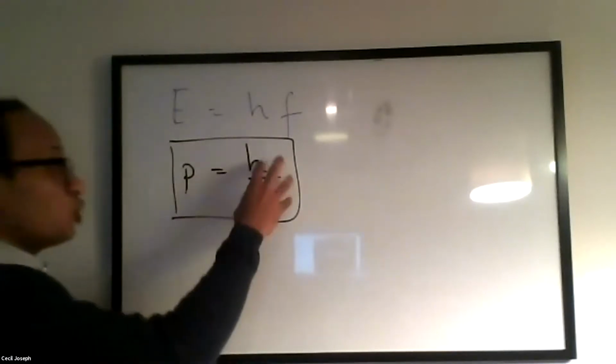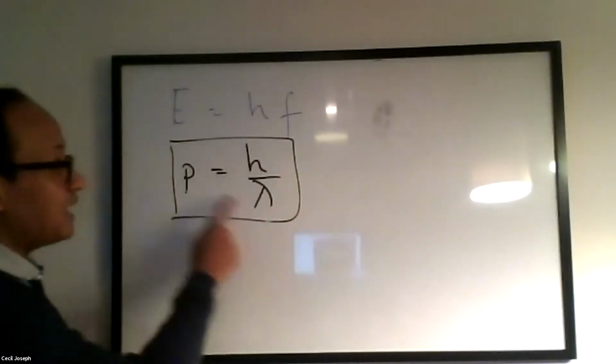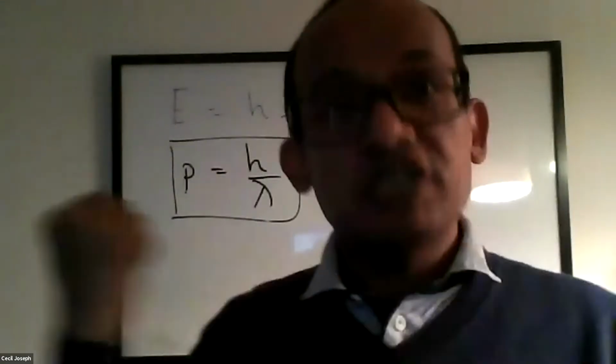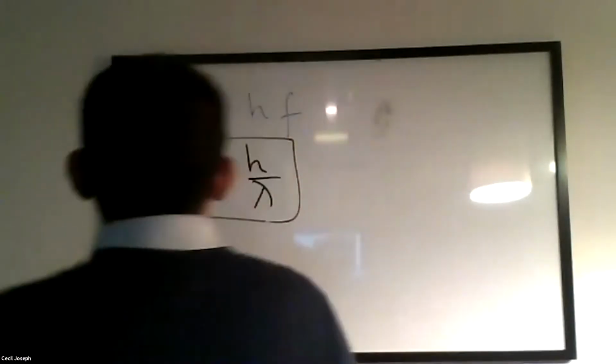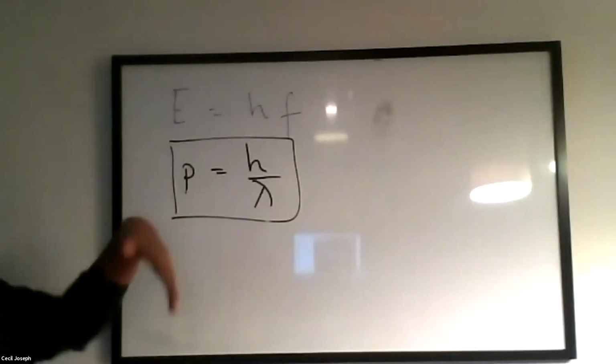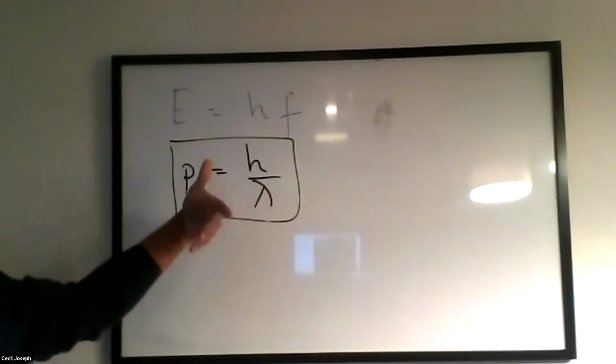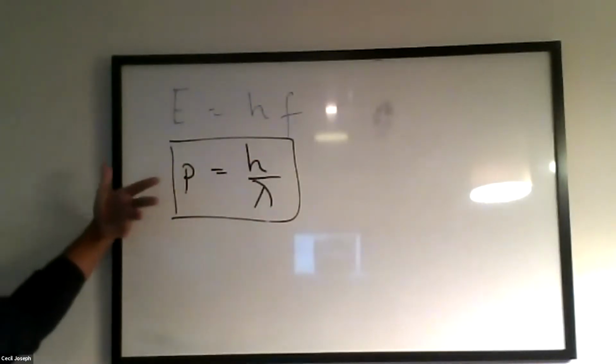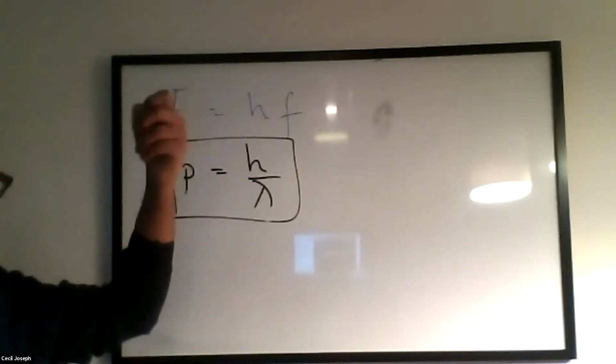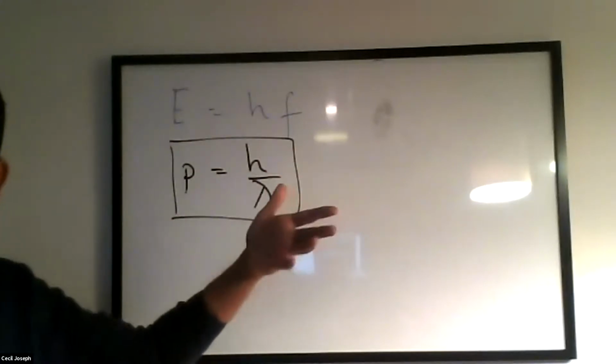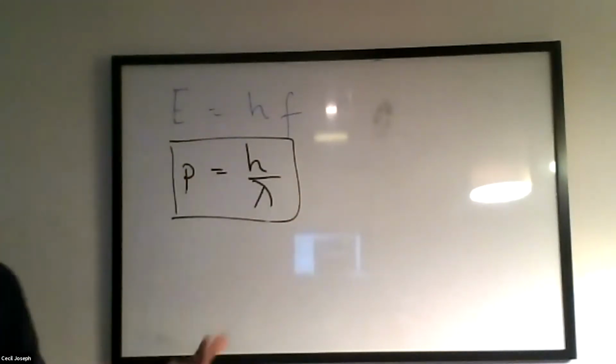So a photon of a certain wavelength lambda has a momentum p, and it interacts with other particles based on this momentum p. De Broglie said, why not? What about particles? Particles have momentum. So I have a particle moving with speed v, it has momentum mv. Is there a wave nature associated with particles? And that is the dual nature of matter.